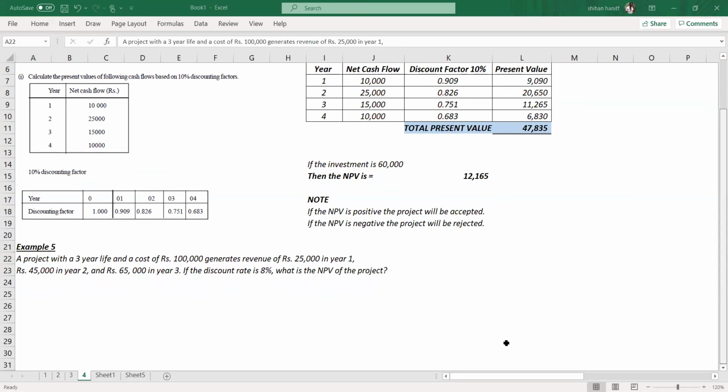They will give the investment amount. A project with a 3-year life and a cost of 100,000 generates revenue of 25,000 in year 1, 45,000 in year 2, 65,000 in year 3. The discount rate is 8%. Find the NPV of the project. You will get the discount factor, right? So these are the format.